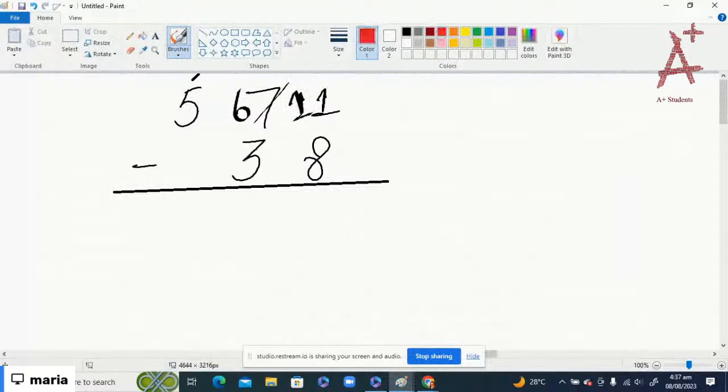So 11 minus 8. Draw 11 lines. Subtract 8 lines.